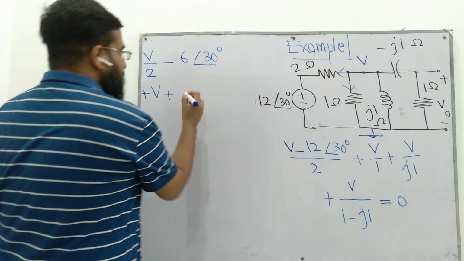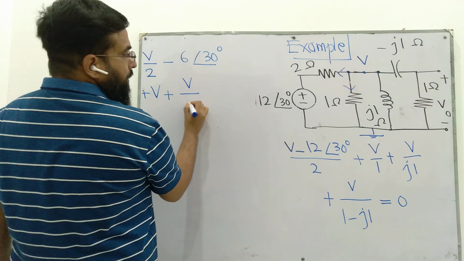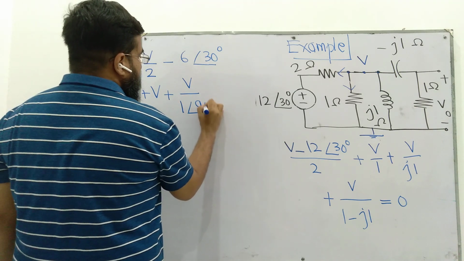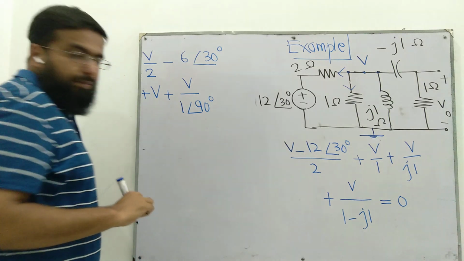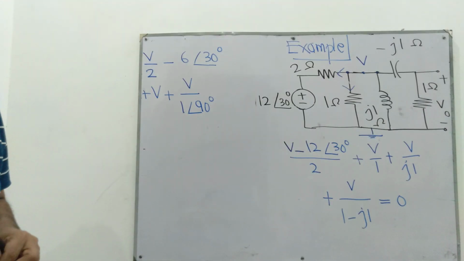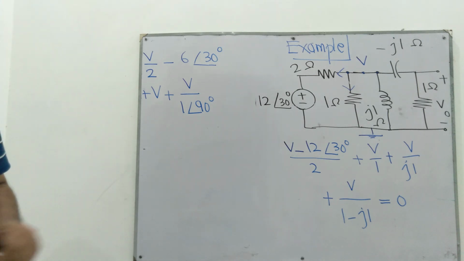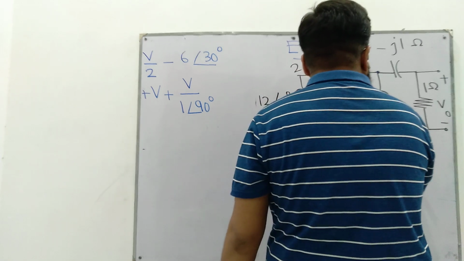So it can be written as V over j2. Sorry, this is j2.